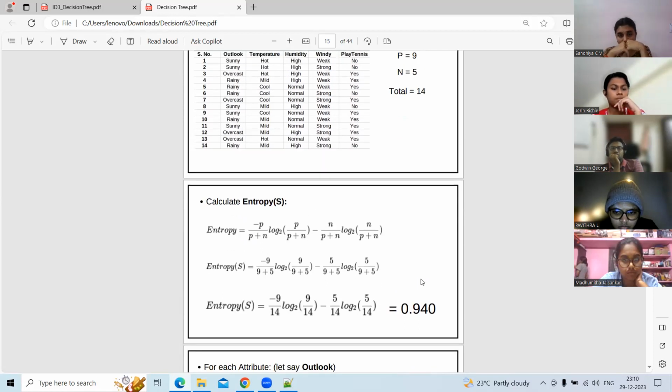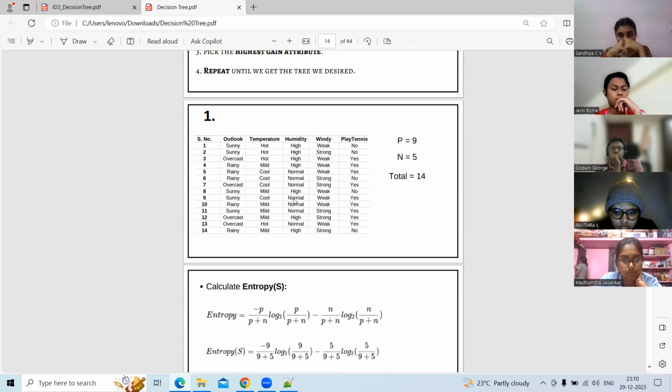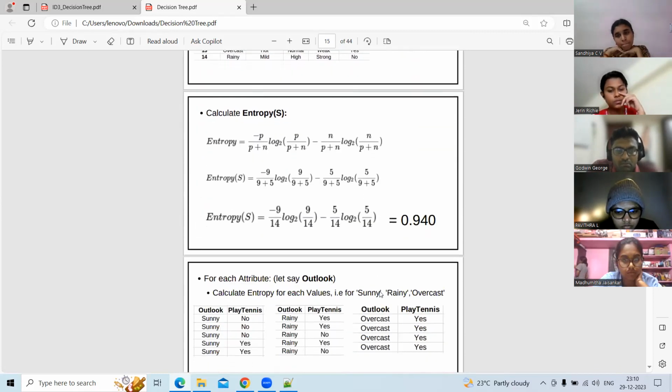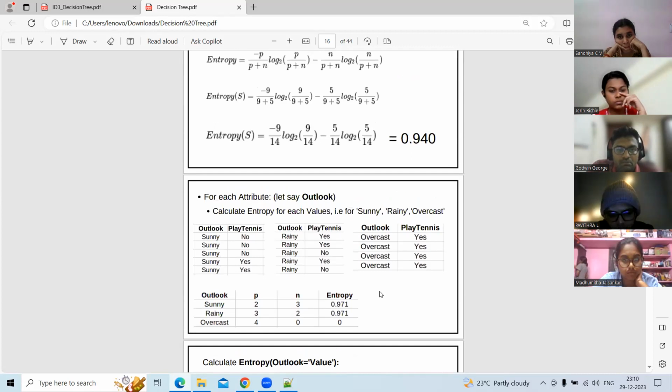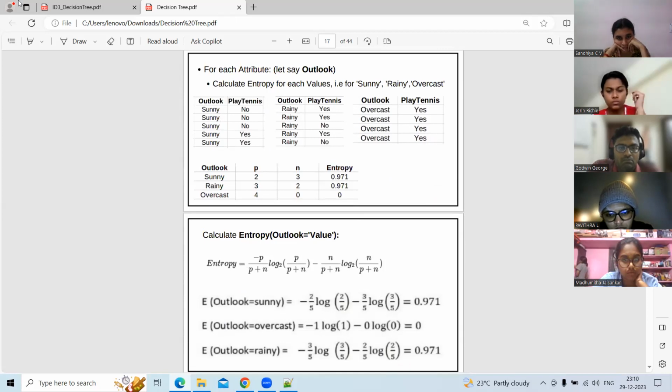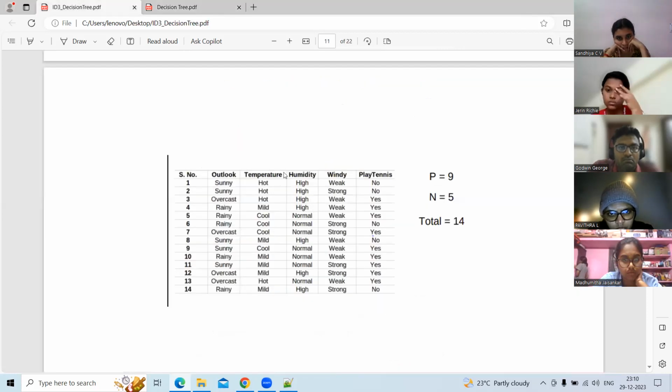Now, we have 4 features. What we will do is find the entropy for each feature, for each of outlook, temperature, humidity, and windy, and we will see which attribute gives maximum information gain. Let's look at outlook. Outlook has 3 values: sunny, overcast, rainy.